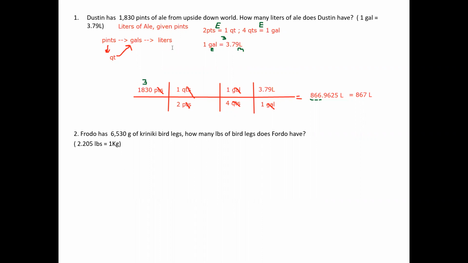So if you read up on Lord of the Rings, there is a bird called the Kreniki. Anyway, so what's this looking for? We're looking for the pounds of bird legs.